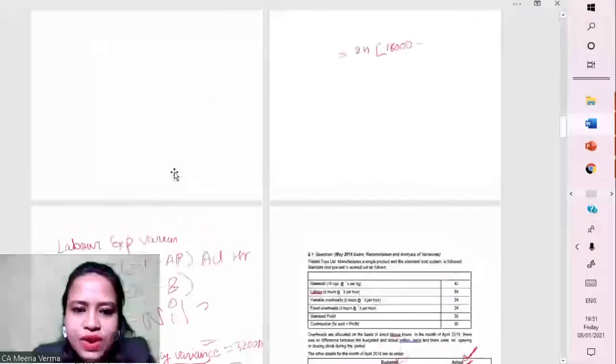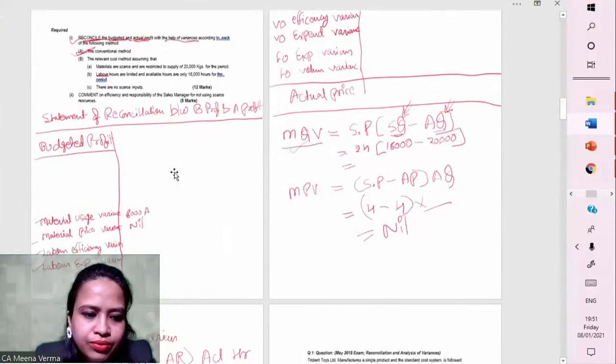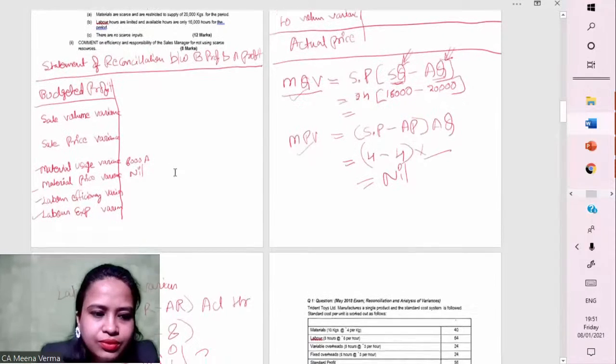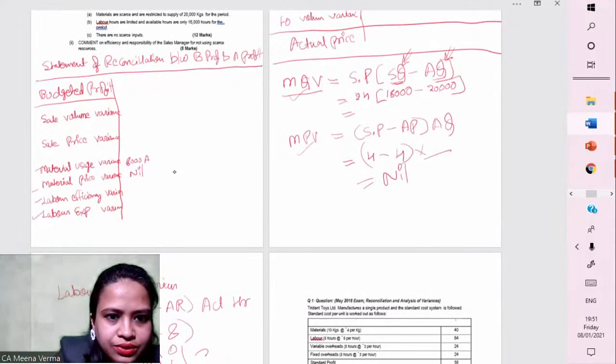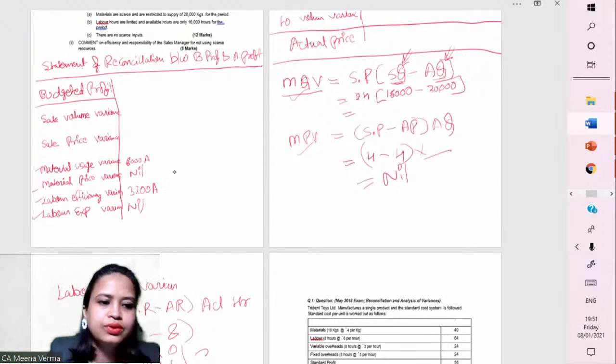Let me put this value. Labor expenditure variance is nil and this is 3200 adverse.